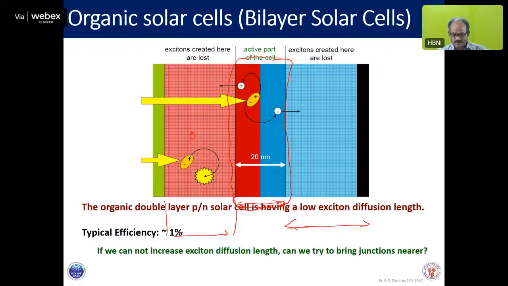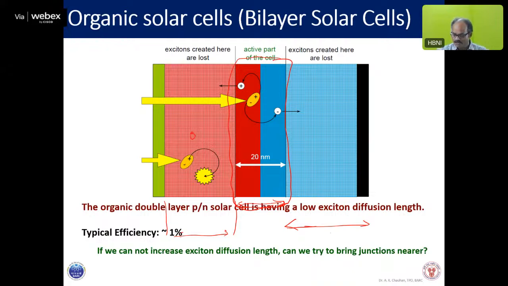If we cannot increase the exciton's diffusion length, because this is material dependent, we can try to bring these junctions together. So what is the way by which we can do this? That methodology is called making a bulk heterojunction.